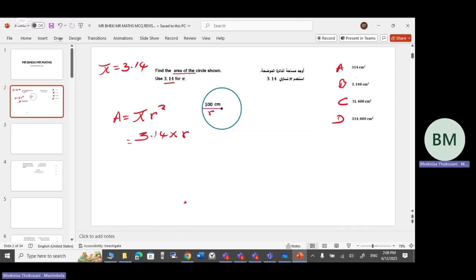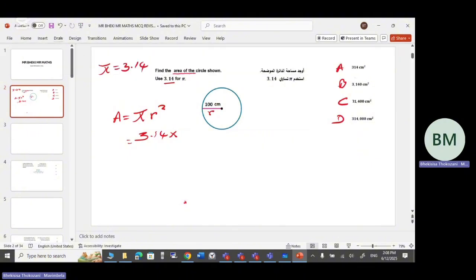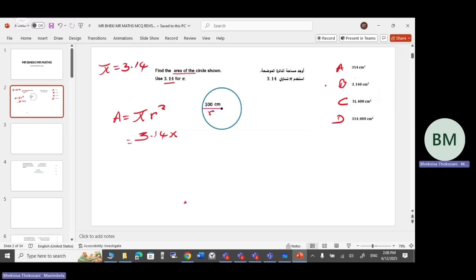I'm not going to use r squared because I know what my r is already. My r is 100, but it's r squared, so I'm going to put everything to the power 2.